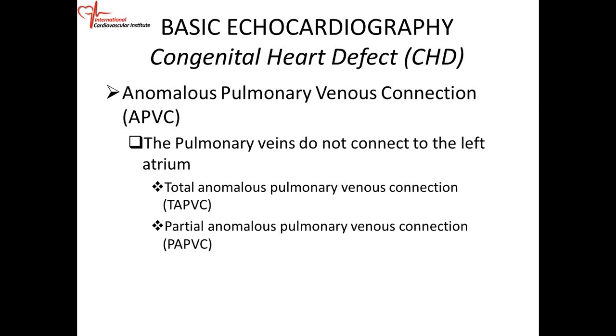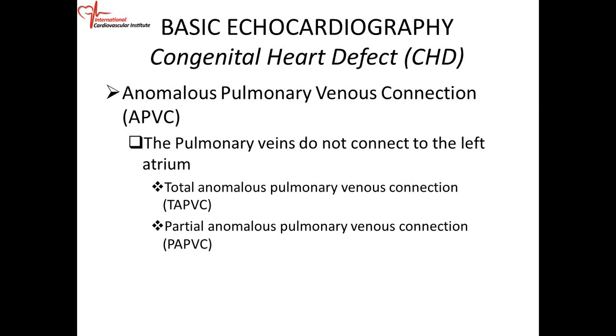When you see the term anomalous, that means abnormal. You know that the pulmonary veins normally drain into the left atrium. So if there's an anomalous connection, that means it drains elsewhere.